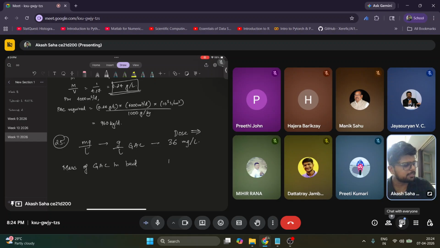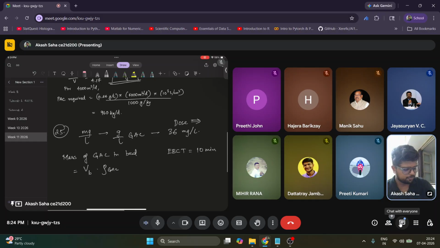Okay, so we have something called EBCT, the empty bed contact time, that is given as 10 minutes. So how much GAC will be required? That will be the volume of the bed times the density of GAC.